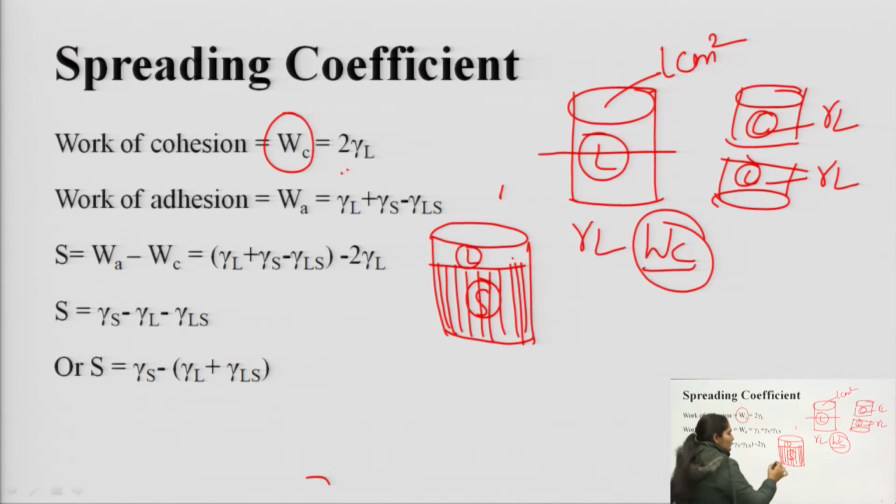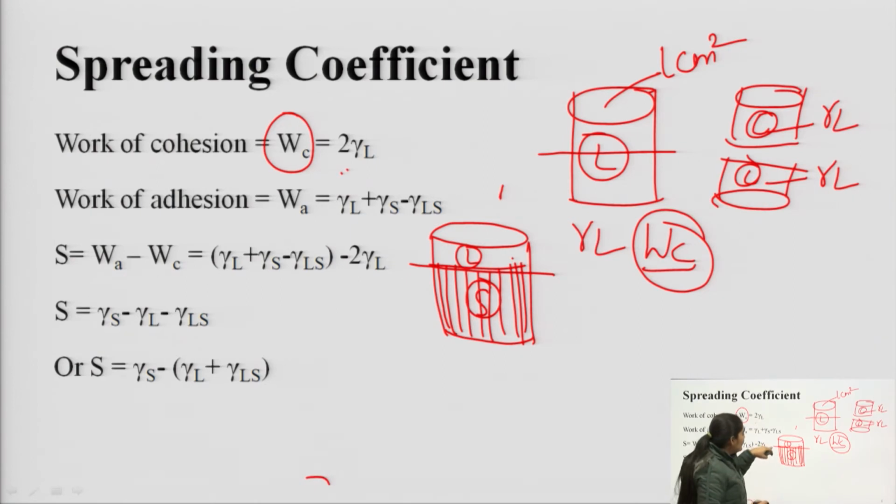So, there are unlike molecules and there will be adhesive forces. The energy required to separate these adhesive forces, or the energy required to bring about the adhesion between the two unlike molecules, will be called work of adhesion.